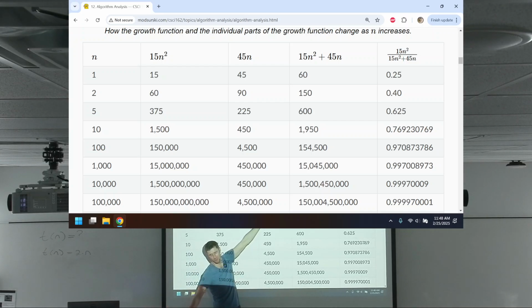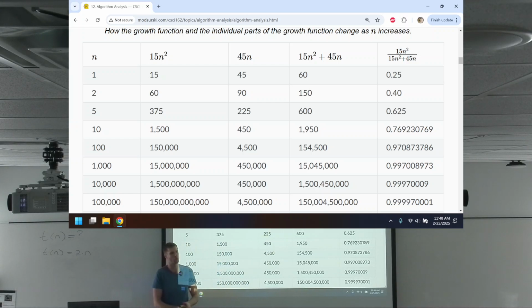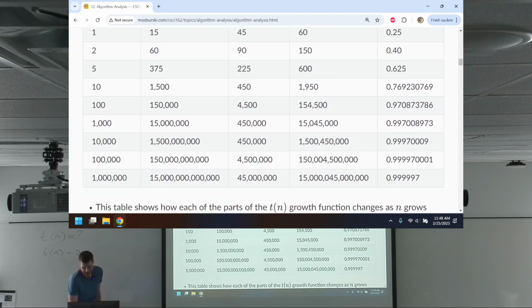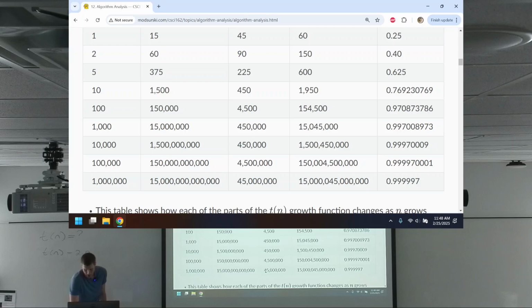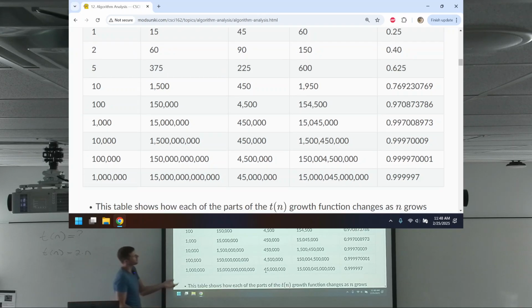But as n grows, the n squared part grows a lot worse than the regular old linear part, right? Now, if this is blowing your mind, just remember grade 5. Okay, maybe it was grade 6, I don't know. This will grow faster than this. Squared numbers get bigger relative to not squared numbers. So if n is 1,000,000, 15n squared is going to be, what is that?